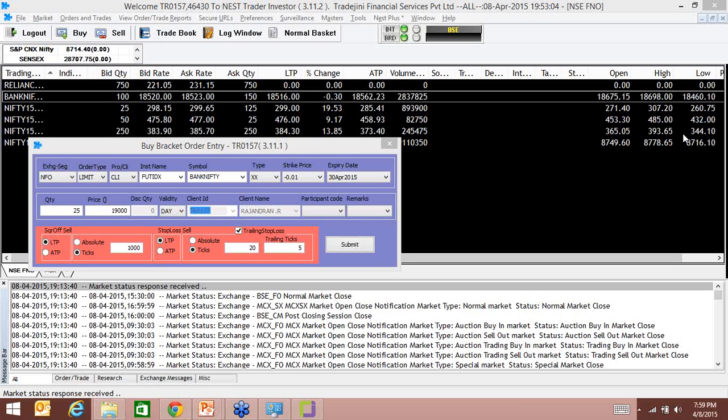Sometimes Nest comes with an upgrade. By that time, if you are holding a huge position and you feel that your trades will execute automatically, the scenario might be different, and the orders might not get executed because the loopholes might be fixed by the vendor.